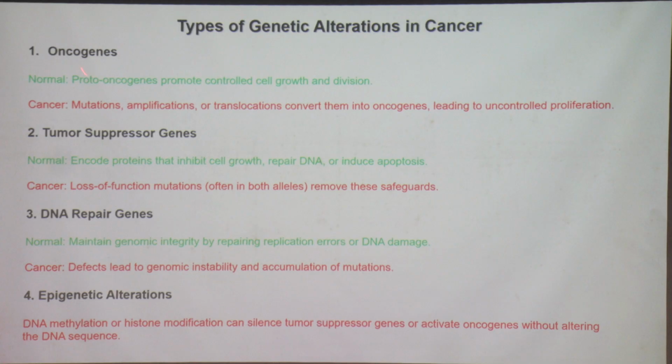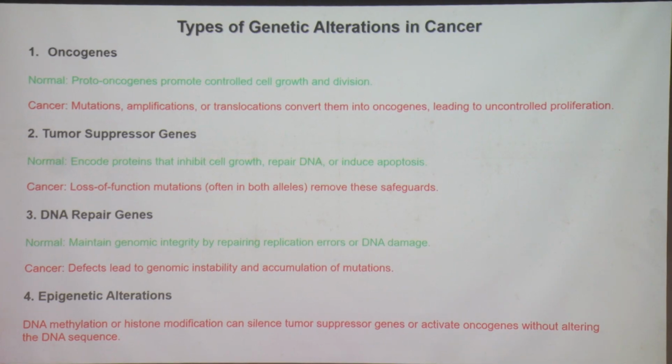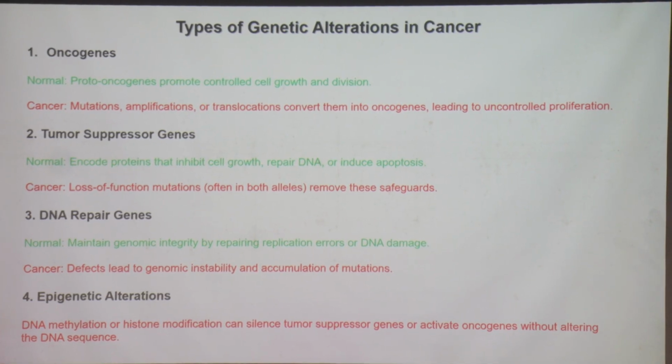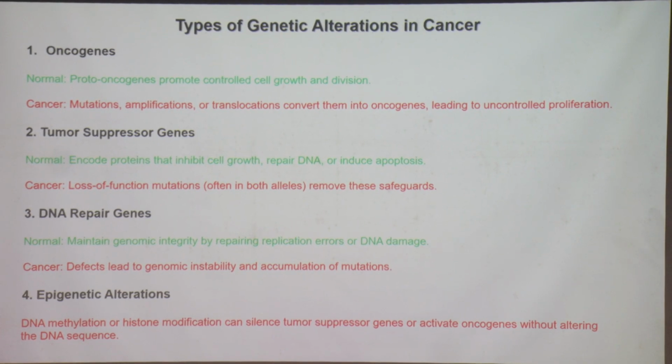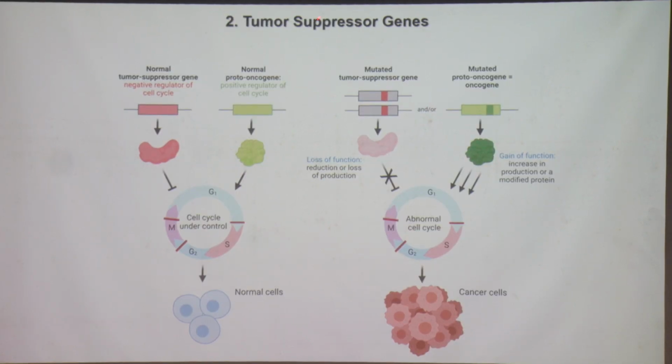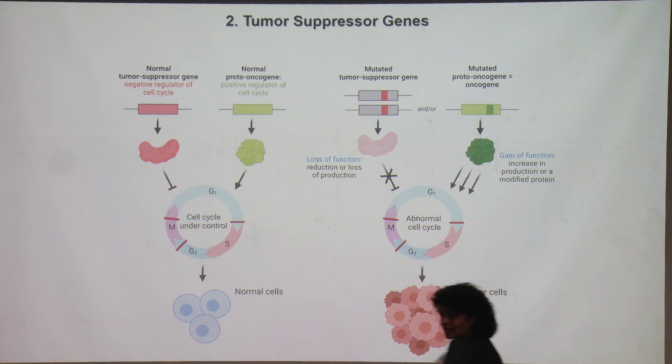So that was oncogene. Now tumor suppressor genes are the good guys. They keep tumors in check. If they are lost, cancer develops. There are many tumor suppressor genes. When they are there, they keep the cells from dividing too much, and because of that cancer never develops.